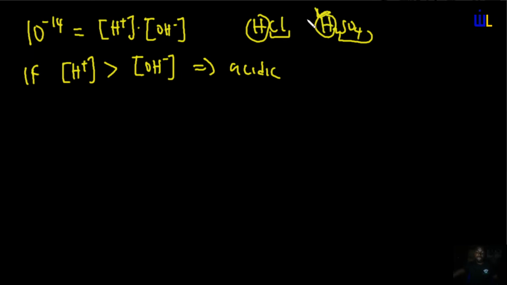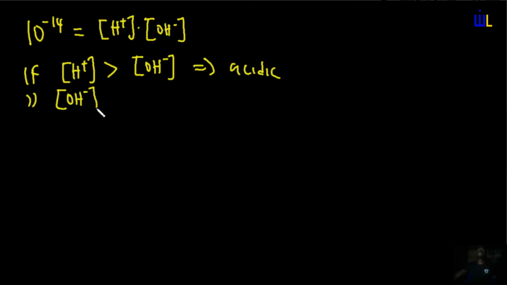So I take it again: in an aqueous solution, if the concentration of hydrogen ion is greater than the concentration of hydroxyl ion, the implication is that that solution is acidic. On the other hand, if the concentration of hydroxyl ion is greater than the concentration of hydrogen ion, automatically it means that solution is alkaline.